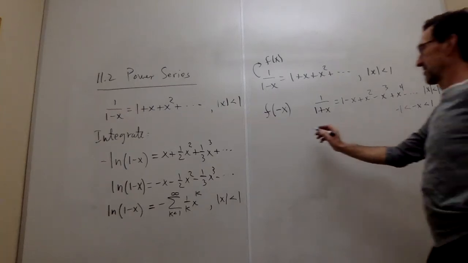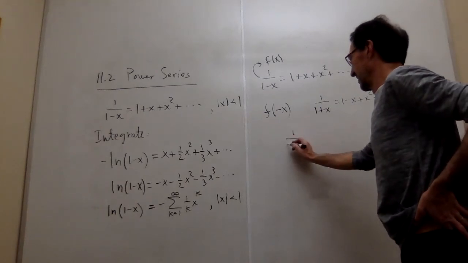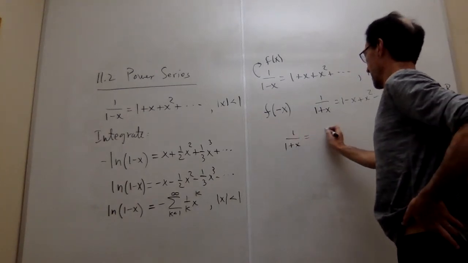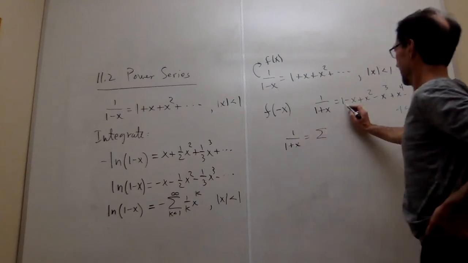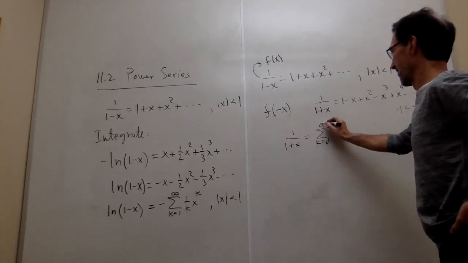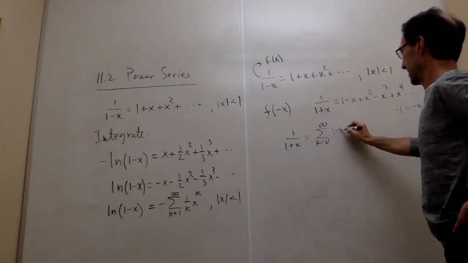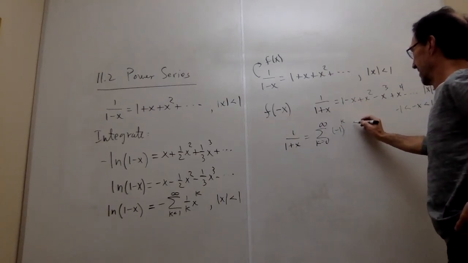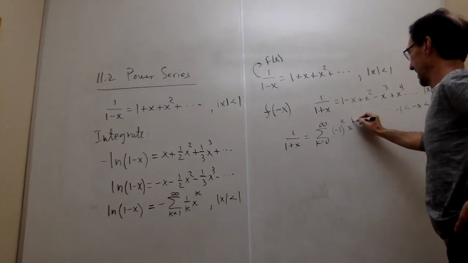Okay, and so let's summarize here with a nice sigma form. We now know a power series that converges to this function. In sigma form, we could write it starting the sum at 0. And then notice we get an alternating feature. It starts out positive, so I think just minus 1 to the k, and then we're going to have x to the power k.